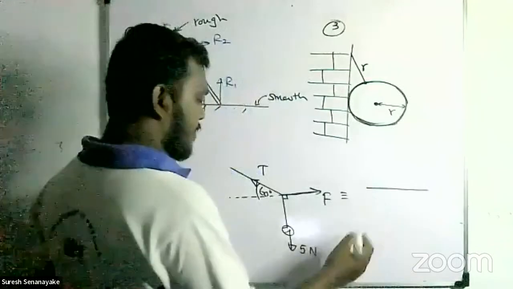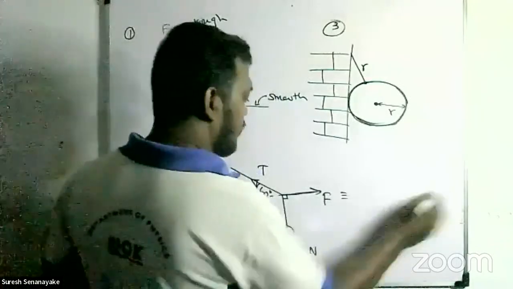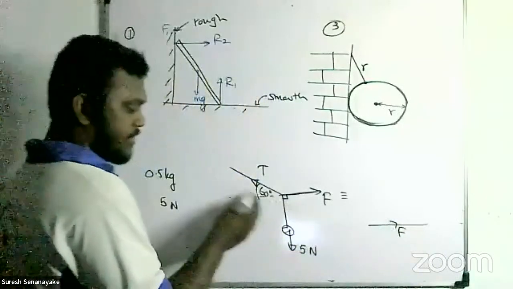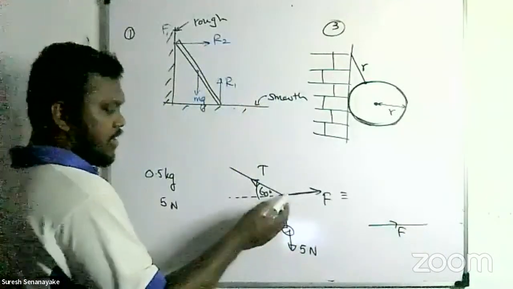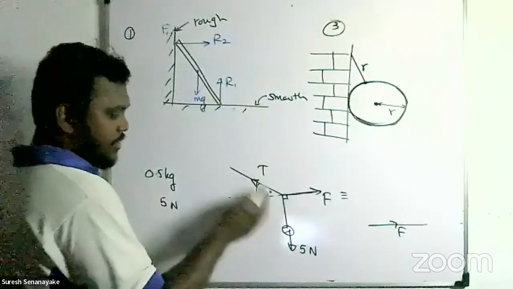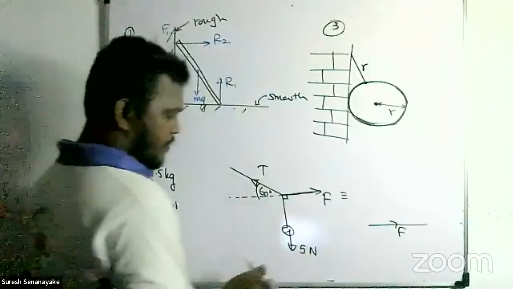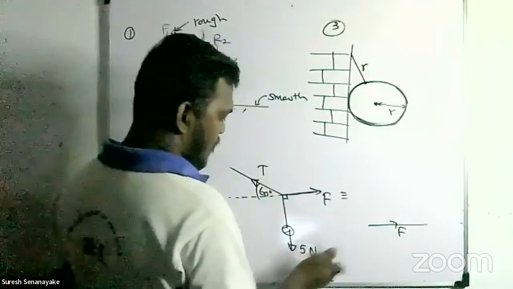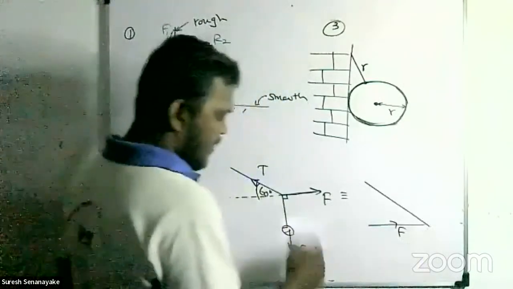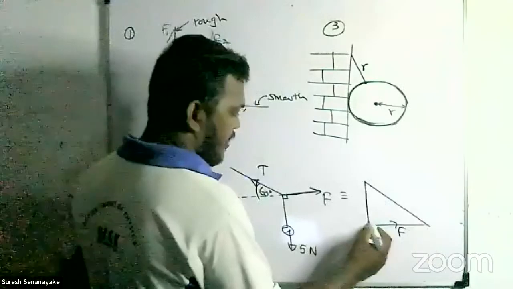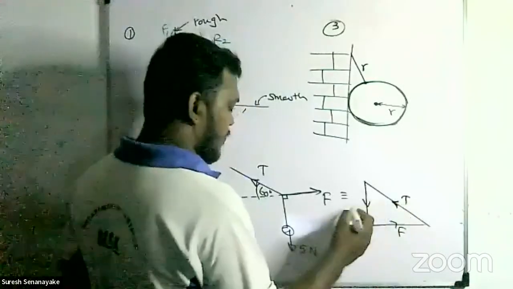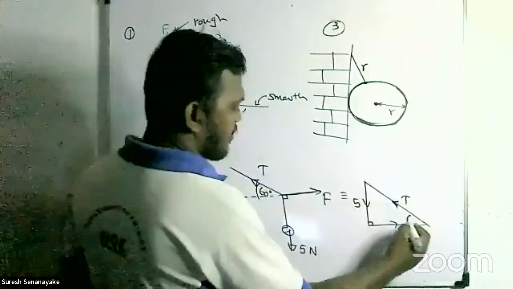Force F is there, with 60 degrees with the horizontal, this force is the tension, and then this 5 Newton vertically down. This is in equilibrium, right? This 60 degrees.